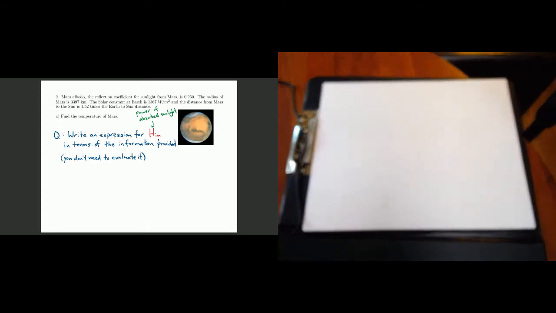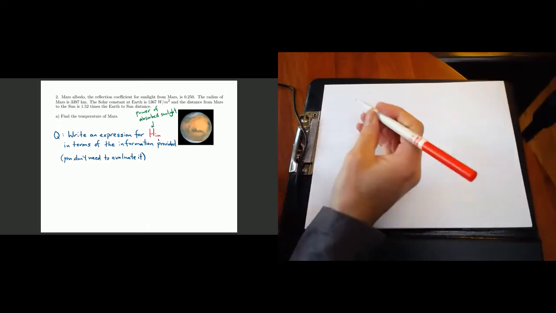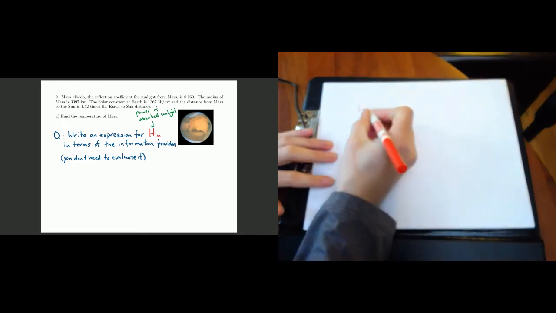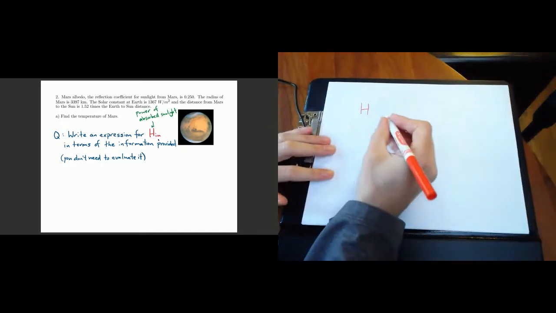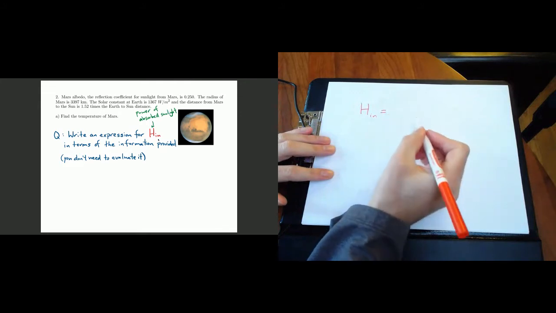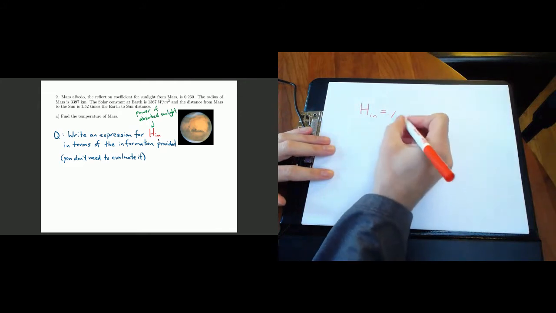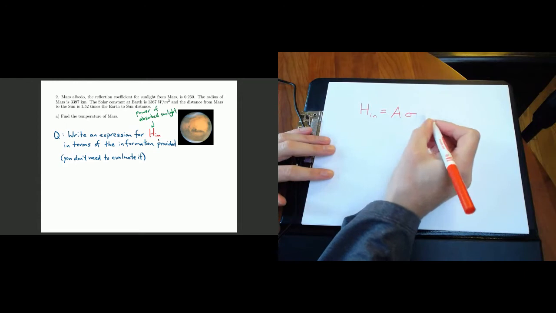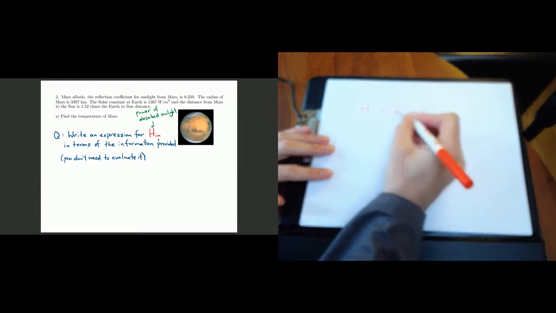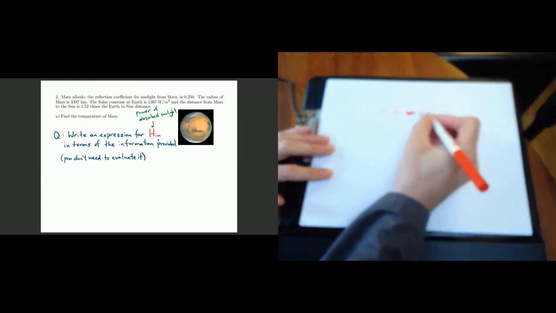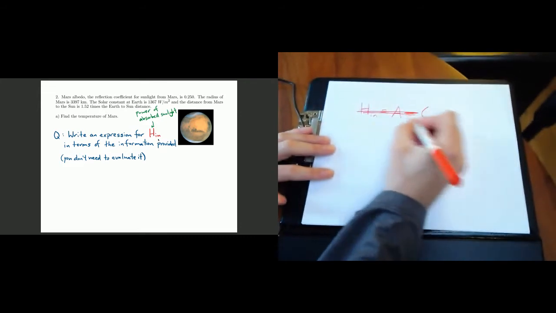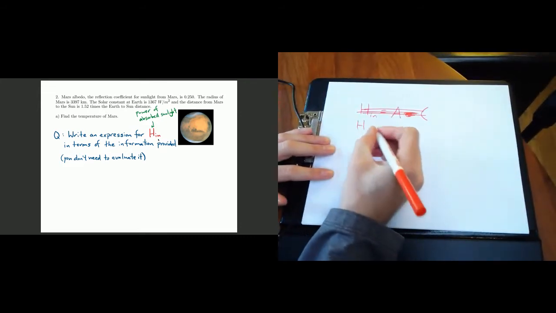Okay. So let's start from the expression that we had for the Earth. So we have H in equals A times sigma times, that's not right. I'm writing the wrong one. That was the expression for H out. So we want H in.